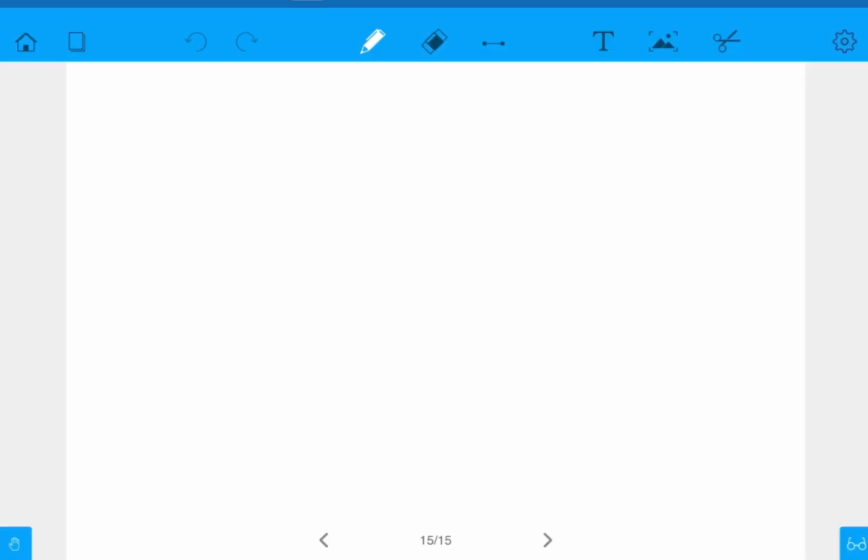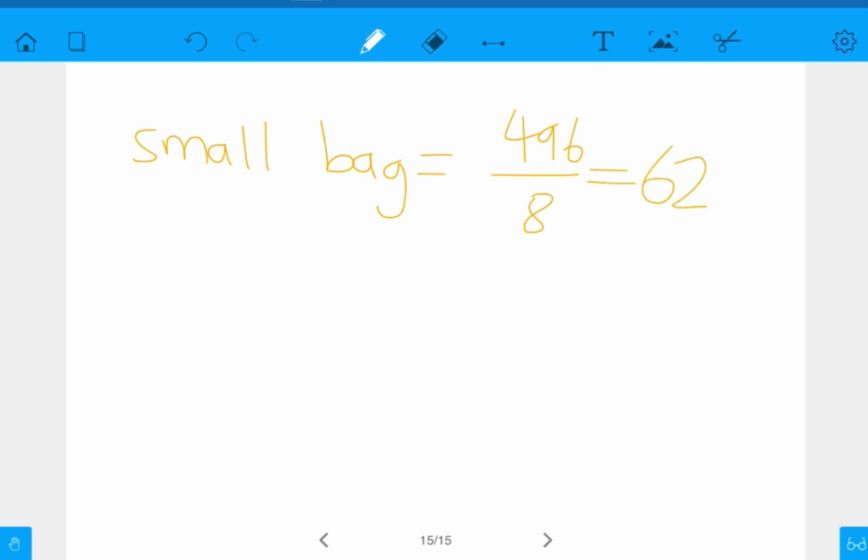So the small bag will have a mass of 496 divided by 8, which is 62 grams. And then we also know that 5 small bags and 2 large bags have a total mass of 638 grams.